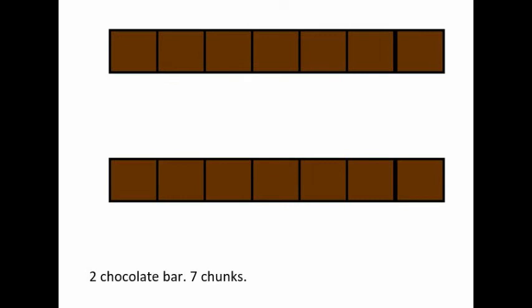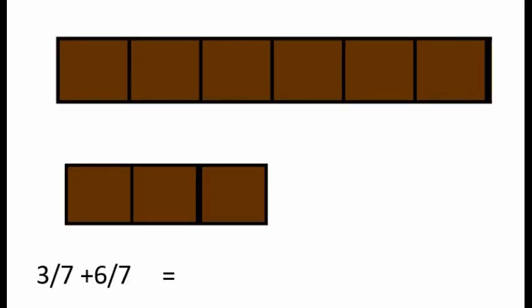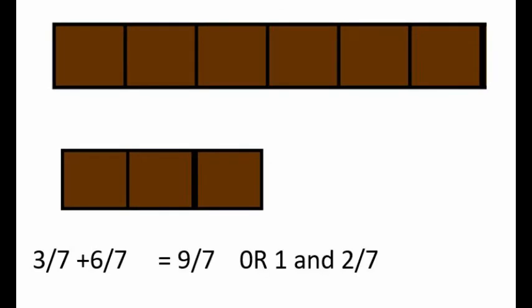This time we have 2 chocolate bars. Each chocolate bar is made up of 7 chunks. This time we have 3/7 of the chocolate bar and 6/7 of another chocolate bar. See if you can add those two together. Well done if you made 9/7. This means we would have more than a whole one.